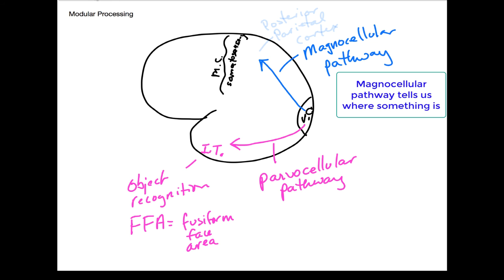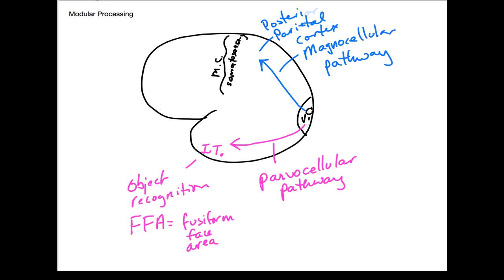And it's going to this area here of the parietal cortex, in particular the posterior parietal cortex, which is all about place, helps us figure out the location of an object in relationship to the location of our own body. And so we see examples here of these two modules in the brain, each one specialized for a different task.